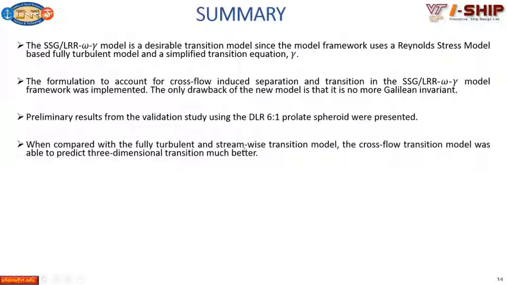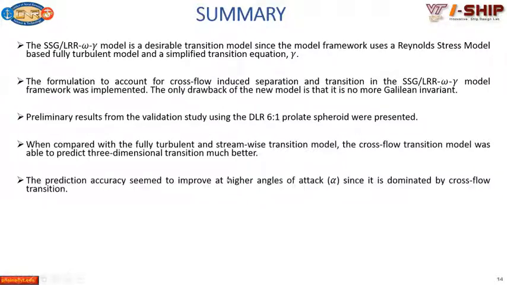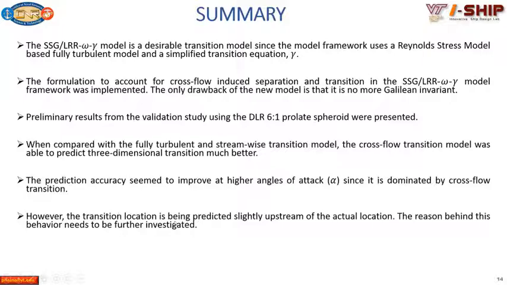When compared with the fully turbulent and streamwise transition models, the cross-flow transition model was able to predict the cross-flow transition much better. The prediction accuracy seemed to improve at higher angles of attack, as I showed you. The angle of attack 5 degrees seemed to have poor performance compared to the other two cases. The transition location is, as I mentioned, predicted slightly upstream of the actual location, and this has to be further investigated.